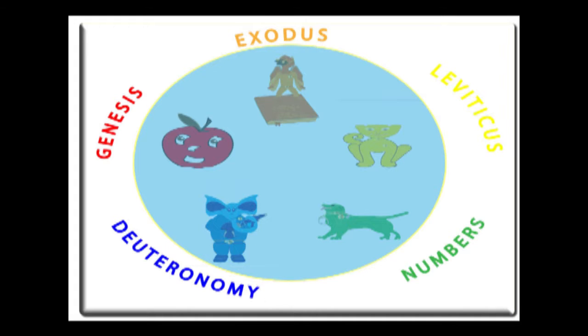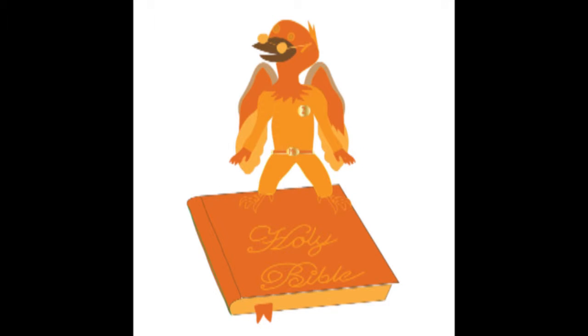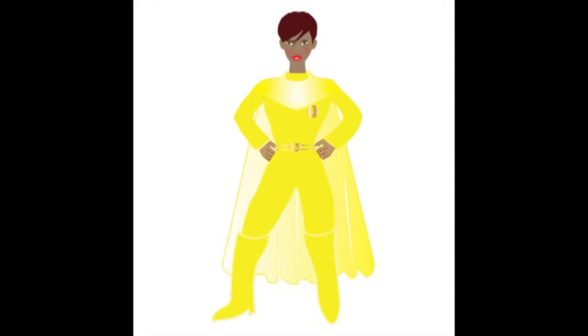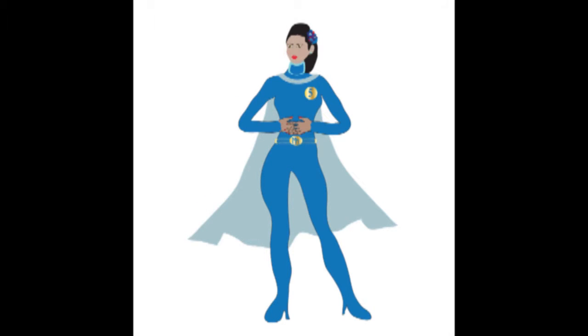Take a look at the slide and you will see that Genesis, the first book of the Old Testament, is linked to superhero Adam. Exodus, the second book, is linked to the Orange Bible. Leviticus, the third book, is linked to superhero Cat. Numbers, the fourth book, is linked to superhero Doctor. And the fifth book, Deuteronomy, is linked to superhero Eve.